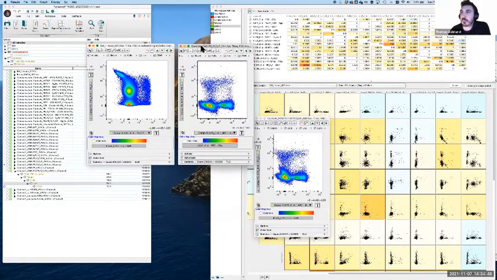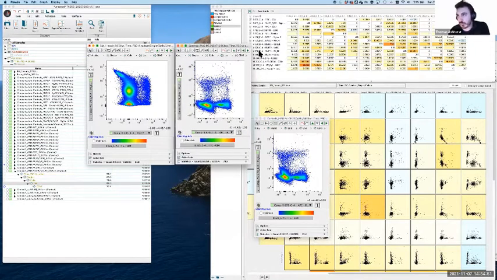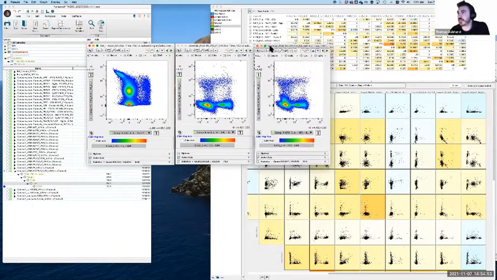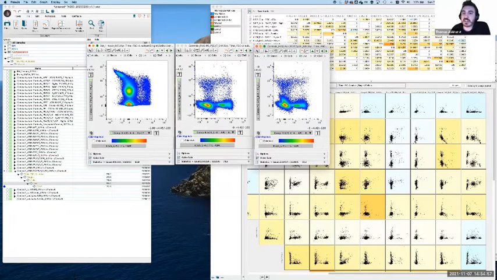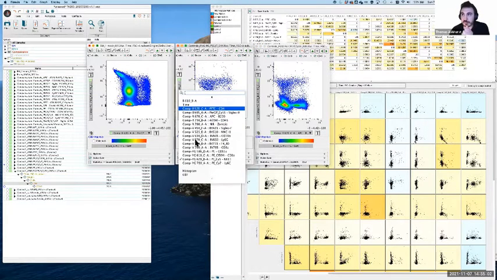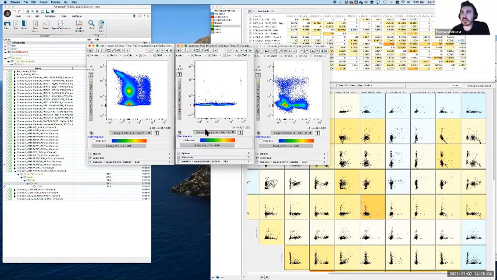Now, the FMO controls, in case anyone is not familiar with the term and is wondering what are you talking about. An FMO control is essentially the same as the fully stained sample, but one fluorophore has been removed. The idea is that if you have a full set of FMO controls, you have as many FMOs as you have colors, minus one.